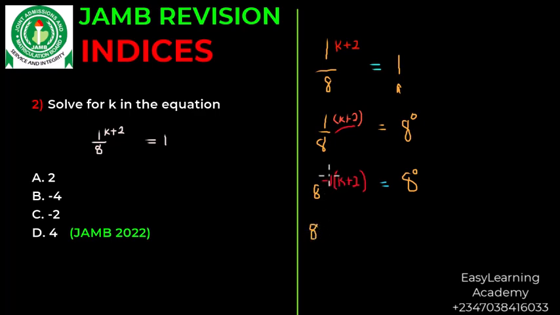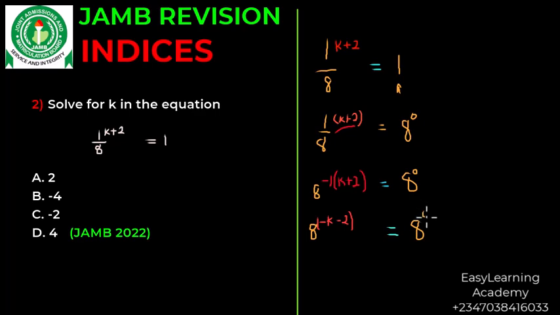Now minus 1 times k is going to give us minus k, and minus 1 times plus 2 is going to give us minus 2. So that is the new power we have there. And we equate it with the right hand side, which is 8 raised to power 0.